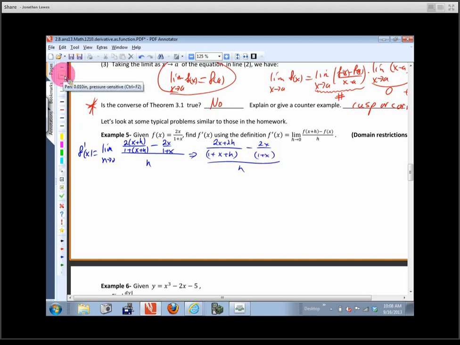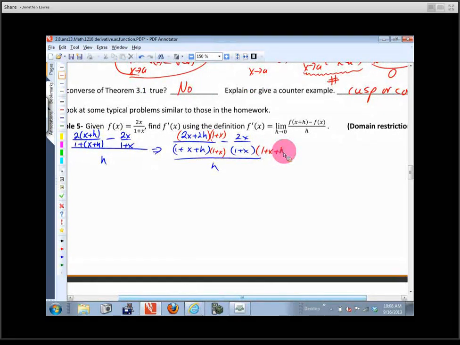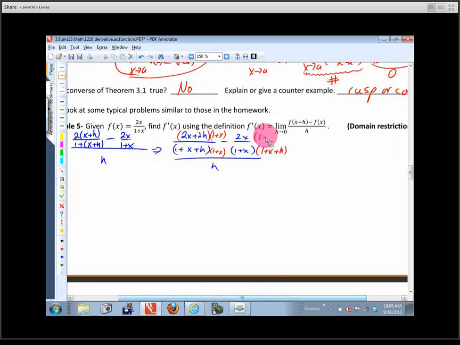So I'm going to simplify this complex fraction, and I'm going to do that by getting a common denominator. This one needs a 1 plus x, so I'm going to multiply both the top and the bottom by 1 plus x. This one right here needs a 1 plus x plus h, so I'm going to multiply the top and bottom by 1 plus x plus h.